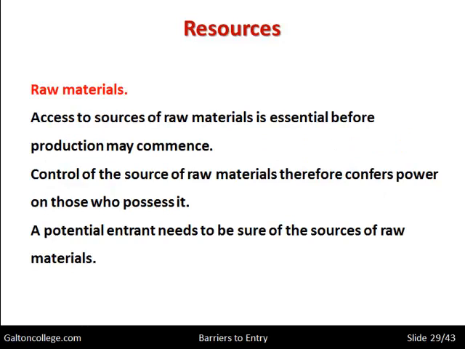Raw materials may be a problem. Access to raw materials is essential before production may commence. Control of the source of raw materials therefore confers power on those who possess it. And potential entrants need to be sure of their source of raw materials. If a certain product requires particular raw materials and it's difficult to get those, that's a barrier to entry. New companies coming in may find it difficult to find suppliers.